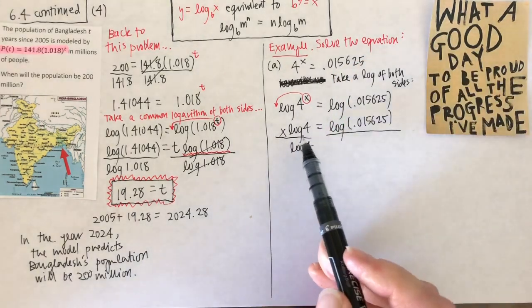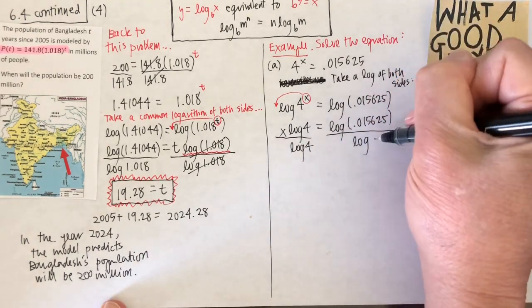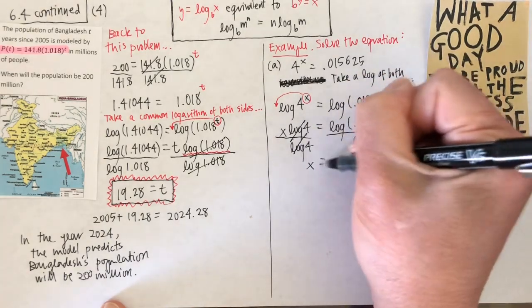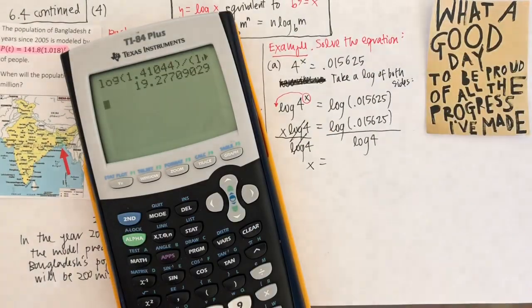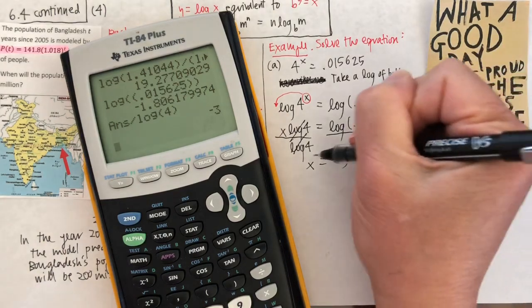Remember, a logarithm can't exist on its own. It has to have a number that it's taking the logarithm of. And x equals this number. So log of 0.015625 divided by log of 4. And x is -3.